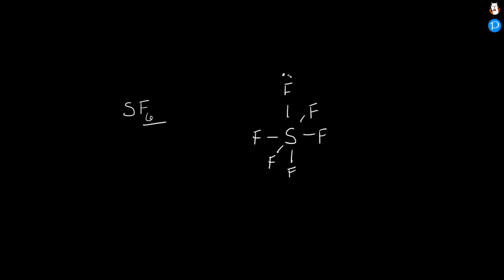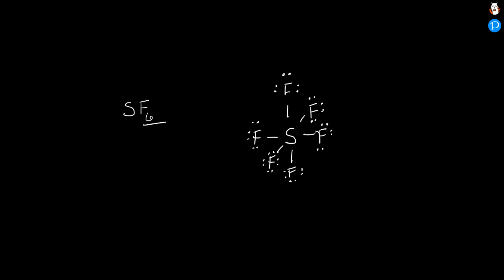And for this, I'm going to put the rest of those non-bonding pairs here around each fluorine. This one's going to take a little while. There's a lot of these on here.